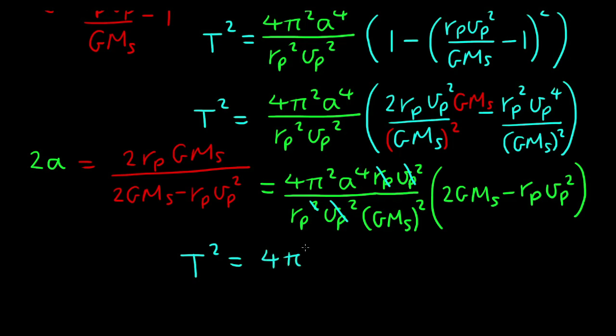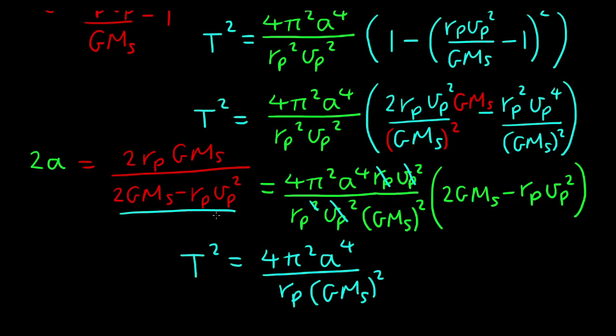is 4 pi squared by a to the 4 on rp by GMs squared, and in the brackets we have this term, and therefore we can replace this term as 2rp by GMs on 2a.